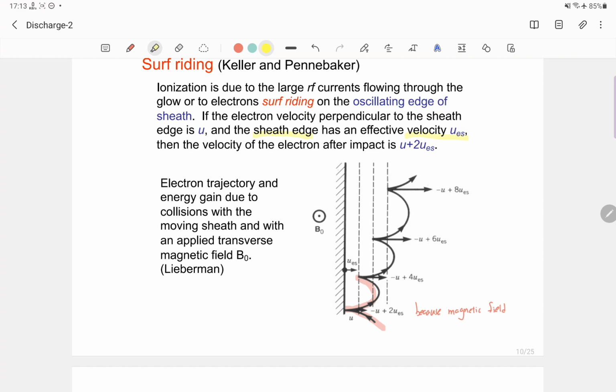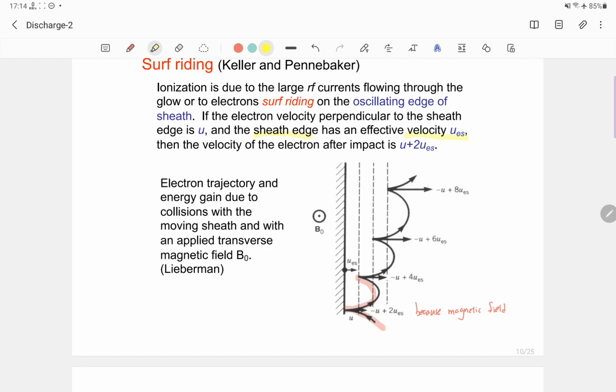Okay. So this is basic momentum conservation, momentum transfer. So the electron velocity changes, and then the direction of the electron traveling also changes. At the beginning, the electron will be reflected back, so the electron will travel in a direction perpendicular to the sheath edge.